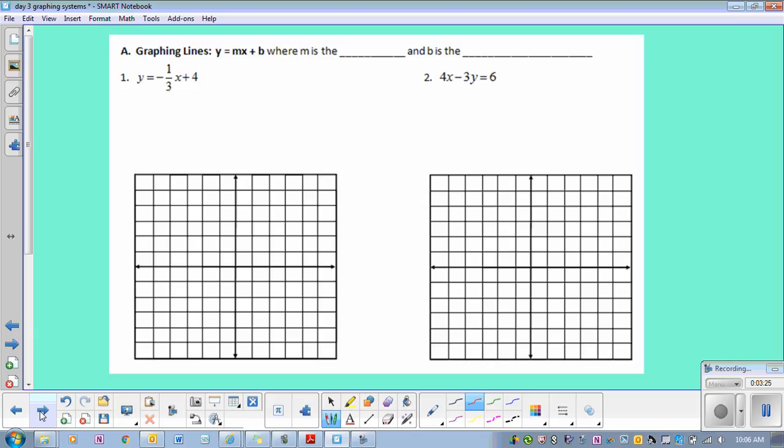Just to review, we're going to talk about graphing lines. Like you said, y equals mx plus b is the equation of a line, where m is the slope and b is the y-intercept.